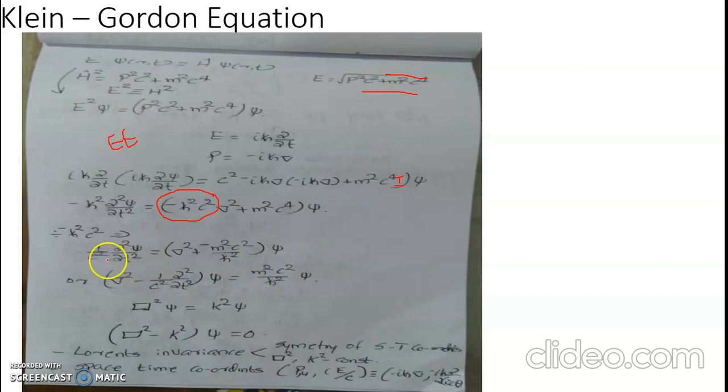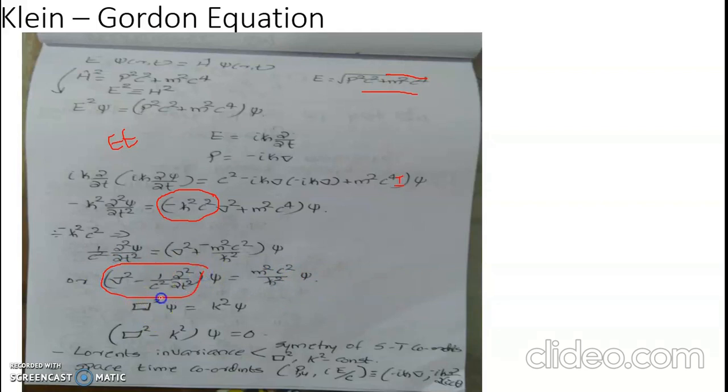For rearranging, by taking this time dependent term to the right side and this constant to the left side, we make it say del square minus 1 by C square dou square by dou t square operating over psi equal to, this term upon taking to the other side, make it say positive M square C square by h cross square psi. Now the quantity in the bracket is an operator, as you know, it is the D'Alembert operator.